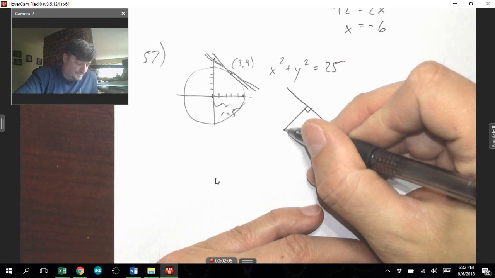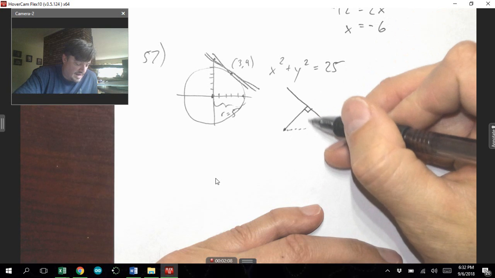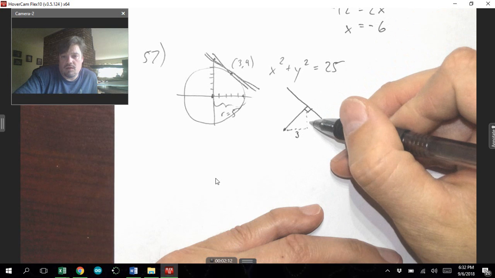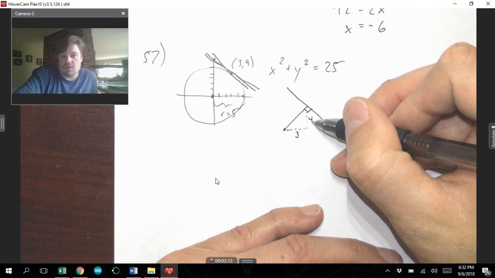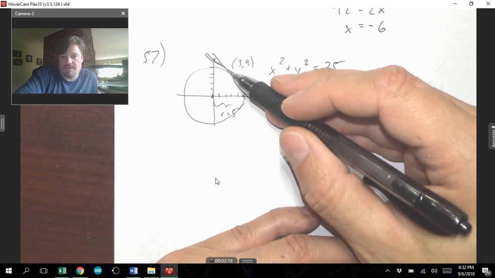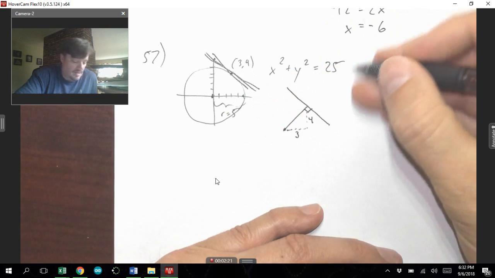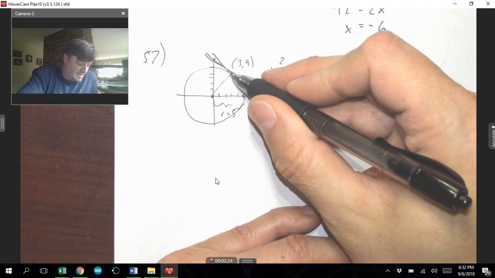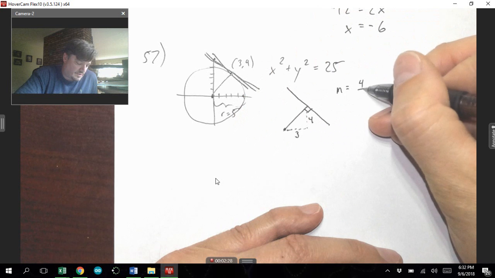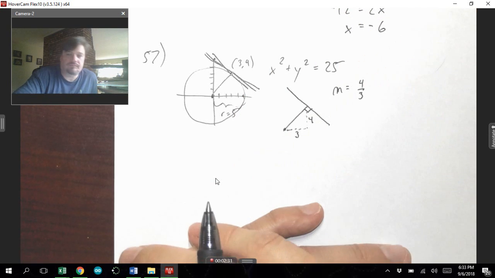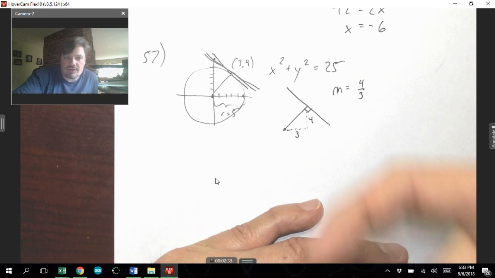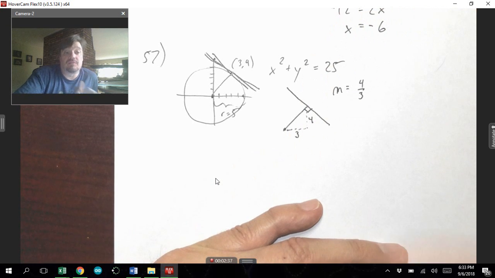So with that, what we're saying is that we have an x-coordinate of 3 and a y-coordinate of 4. Since this is moving over 3 and going up 4, that's the slope. So the m of the radius is actually 4 over 3. But if I want something perpendicular to that slope, I need to take the opposite reciprocal.